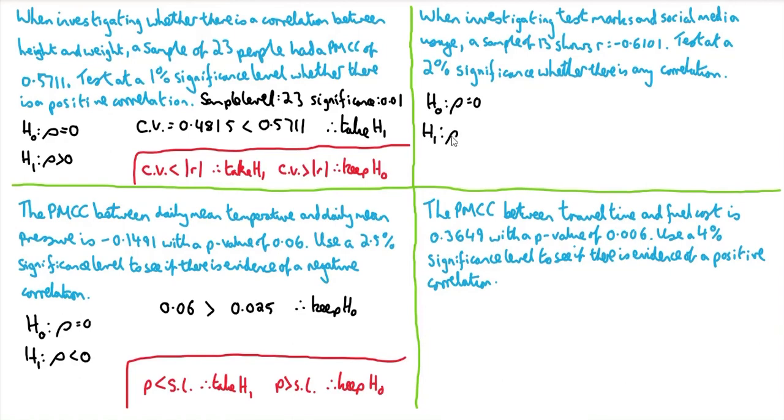Therefore, that's to say that rho simply doesn't equal 0. Now, what this is telling us is that this is going to be a two-tailed test. And the significance of a two-tail is that we have to split the significance level in half. So here, even though the total significance is 2%, we're going to be testing against 1%.